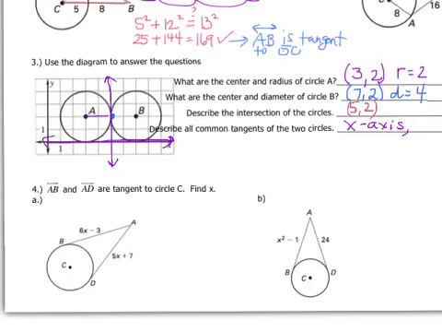What's the equation of that line? Nope. X equals 5. And there's one more. There's one more. Mark? Common external on y equals 4. Very good. Common external tangent at y equals 4. Very good. Okay.